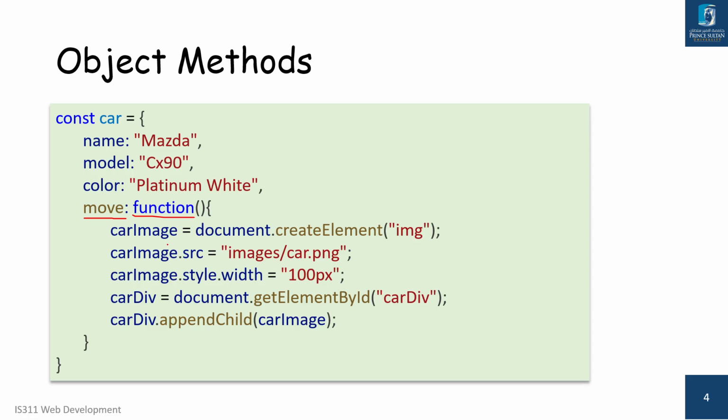We say car image equals document.createElement. Actually, it is creating a new image element inside the HTML document, and then we specify the source that we want to display. Then with carImage.style.width, we set the width or height. Then we say document.getElementById to get the element with the name car div, and then add that image inside that div.